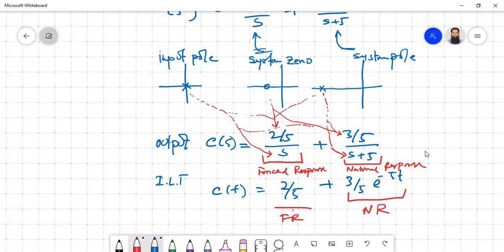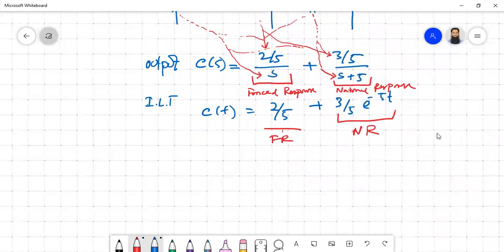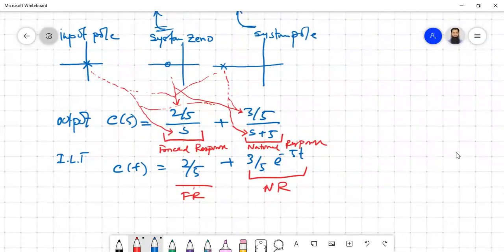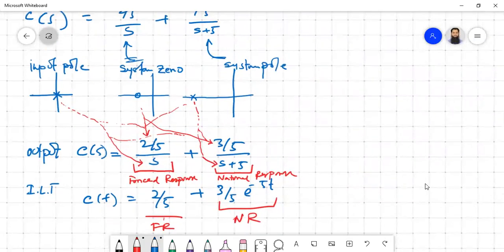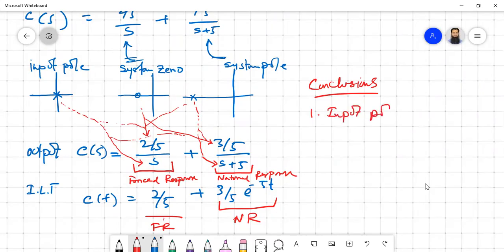So now we can summarize what we are actually getting. The first conclusion is: the input pole generates forced response.